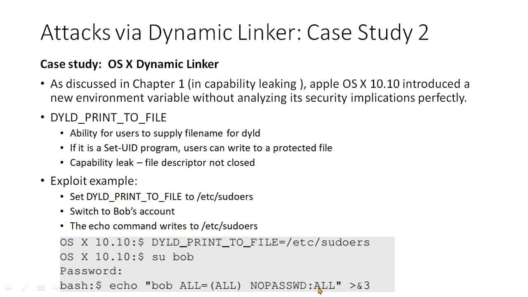So we write this string to the sudoers file, and we add Bob to the list with all the power and no password at all. So Bob now becomes root. That's how the attacker attacks Mac OS, using just an environment variable to write to a file that they don't have permission to.